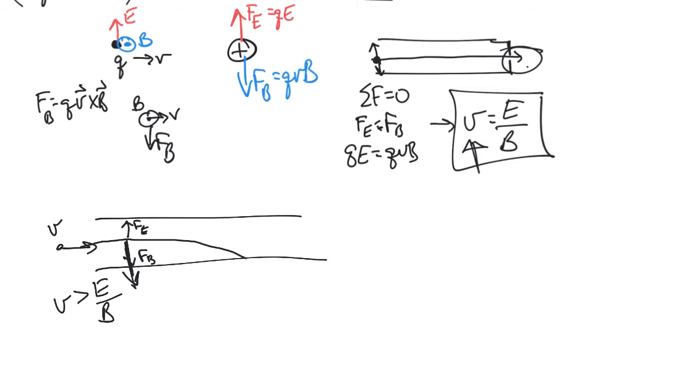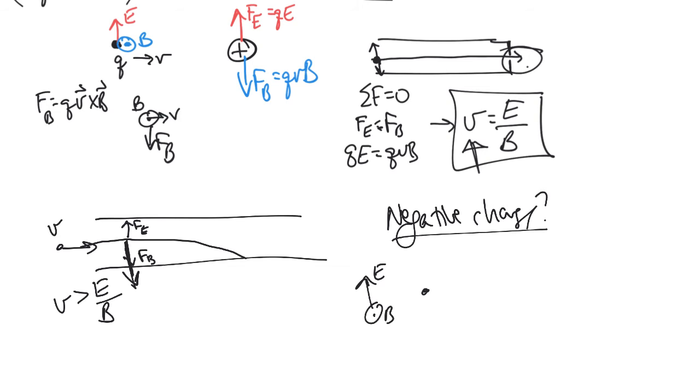It would deflect up. What if I send a negative charge in? Well, if my electric field was up and my B field was out, and this was a negative charge, then let's color code, shall we? My force due to the electric field would be down, and then right-hand rule it, right?